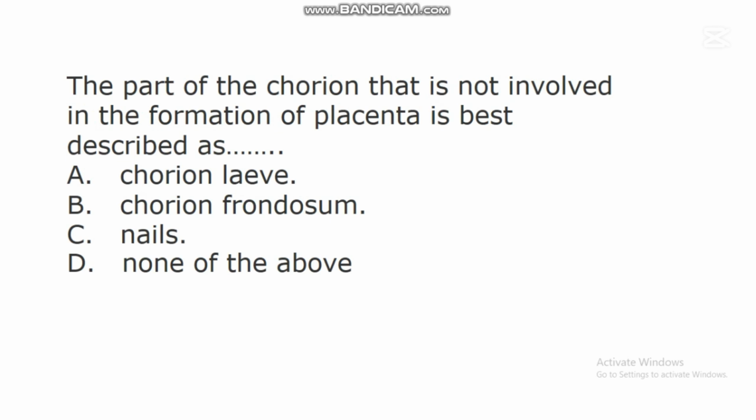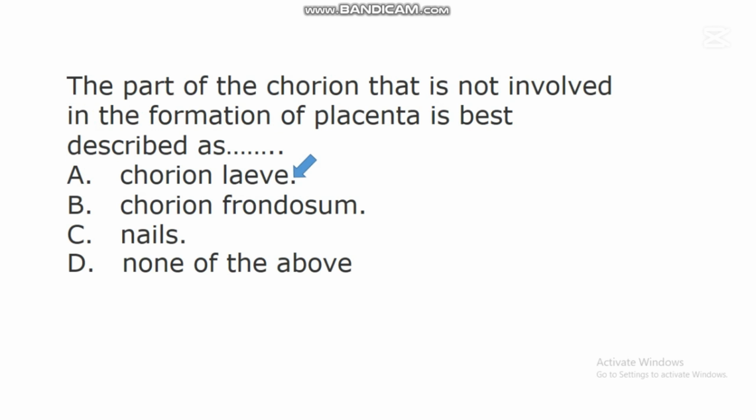The next question says, the part of the chorion that is not involved in the formation of placenta is best described as dash. A, chorion laeve. B, chorion frondosum. C, nails. D, none of the above. In this question, the correct answer is A, chorion laeve.